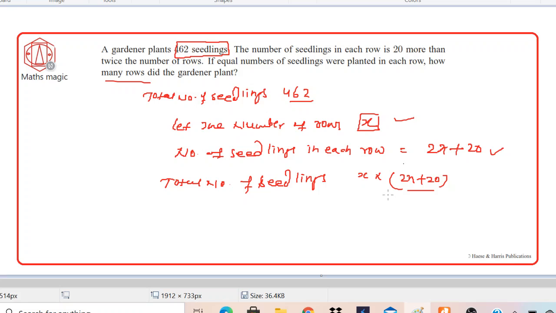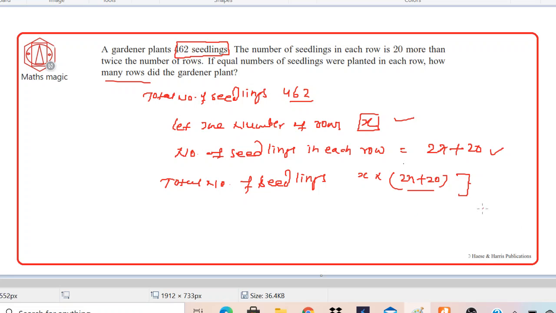Now why did we construct this expression? Because we have unknowns in this expression, and we know that the equivalent answer is 462, so that we can equate these two results, form an equation and finally solve.